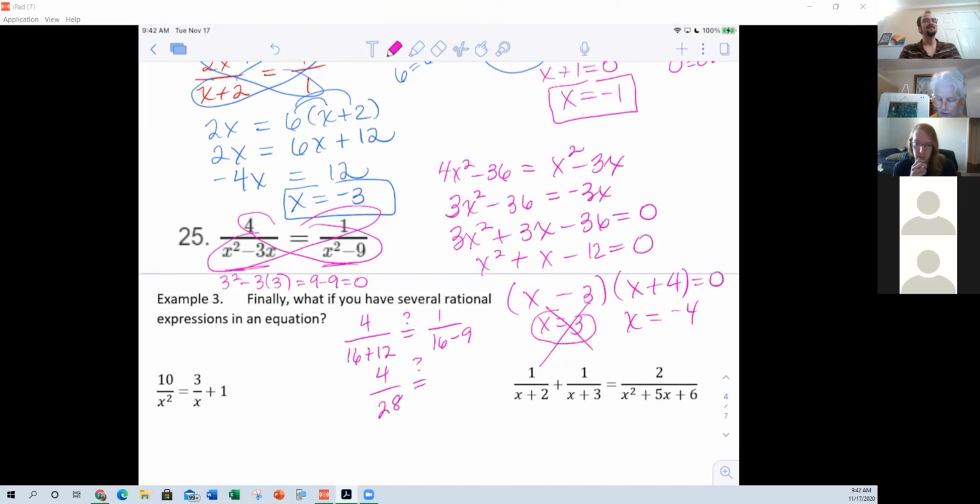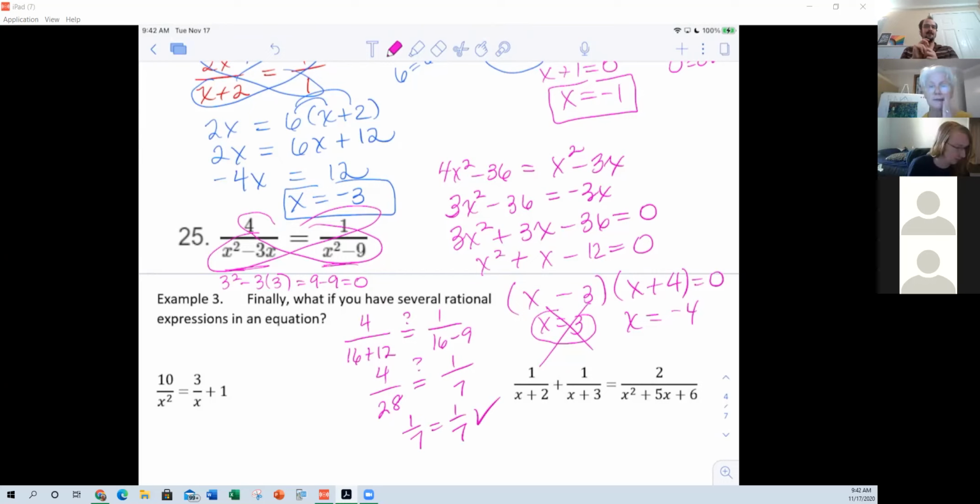Does that equal 1 over 7? And it does. So check. I would recommend that you check it all the way through, but the main thing you really want to make sure is that the answer does not give you a 0 denominator. And if it does, you have to throw it away.